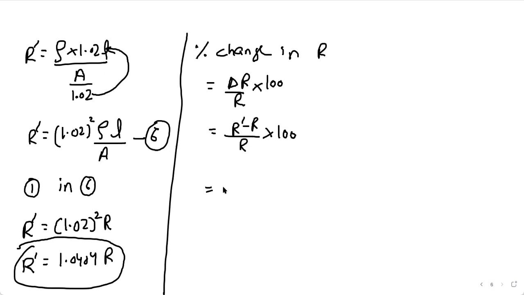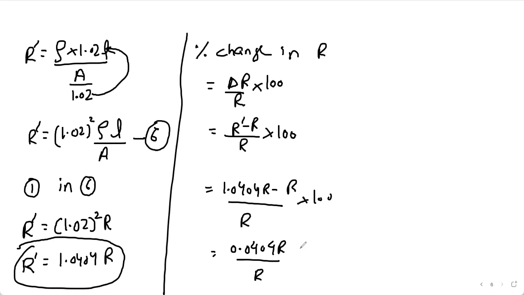R prime, it's 1.0404 R minus R by R multiplied by 100. So 1.0404 R minus R is 0.0404 R by R multiplied by 100. So the percentage change that we are getting is 4.04%. So that's the exact percentage change in resistance.